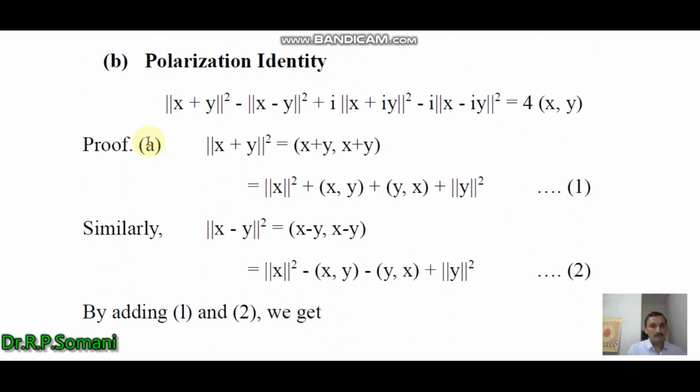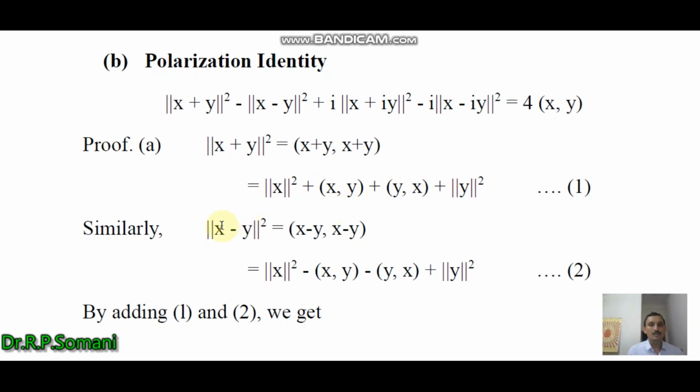For part A, the parallelogram law, we consider norm of x plus y squared. By definition of inner product and norm, this equals the inner product of x plus y with x plus y. Opening this, we obtain norm x squared plus inner product (x, y) plus inner product (y, x) plus norm y squared.